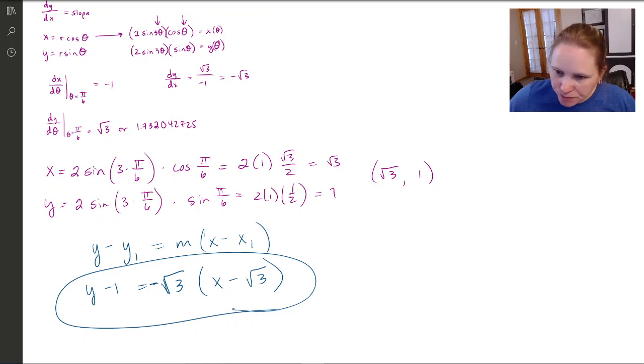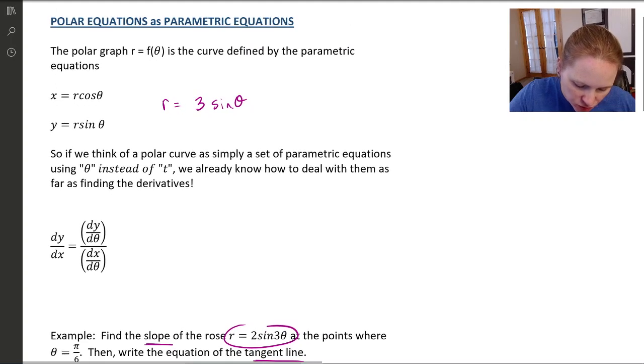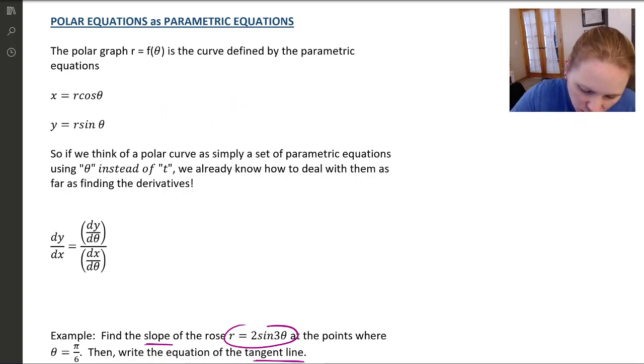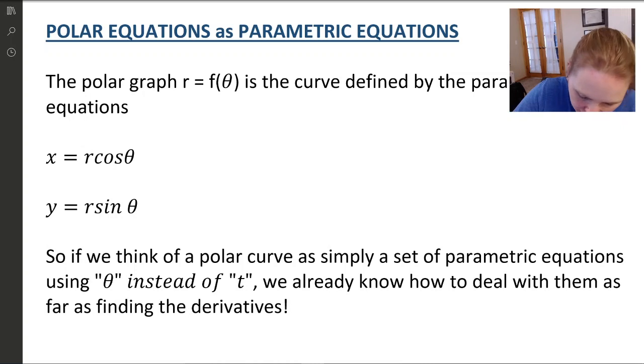So the key here, just to sum this up, is that for dy/dx, you have to rewrite the equation, the r equals that function of theta, as parametric equations. Another way to think of this, and this might actually be a better way if you want to add this in, remember r is your function.